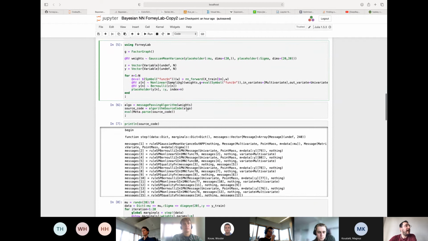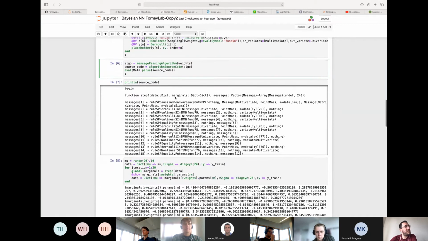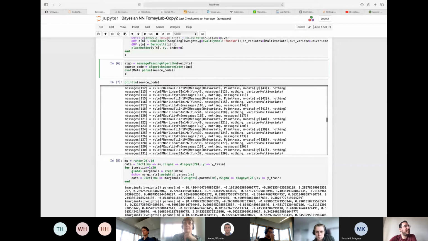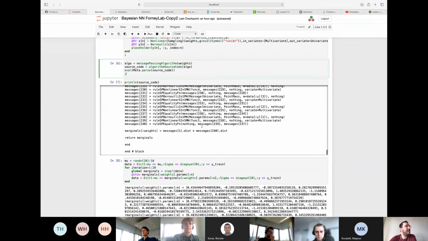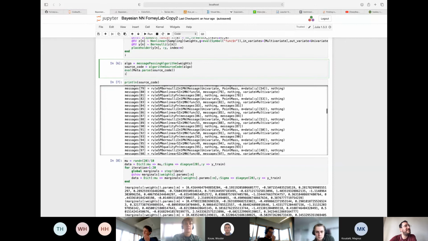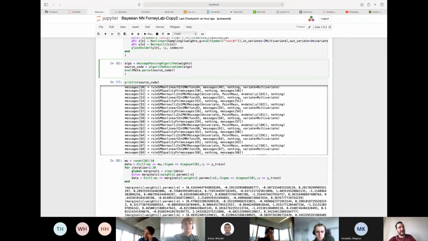This is the model, and we basically ask ForneyLab to build the algorithm for us. If we check this algorithm, you will see that there are a bunch of messages here, right? But all these messages are actually designed to collect the information from the likelihood, because we have A2 of them. And we have a bunch of these equalities, etc. They are getting multiplied and they travel in the graph.